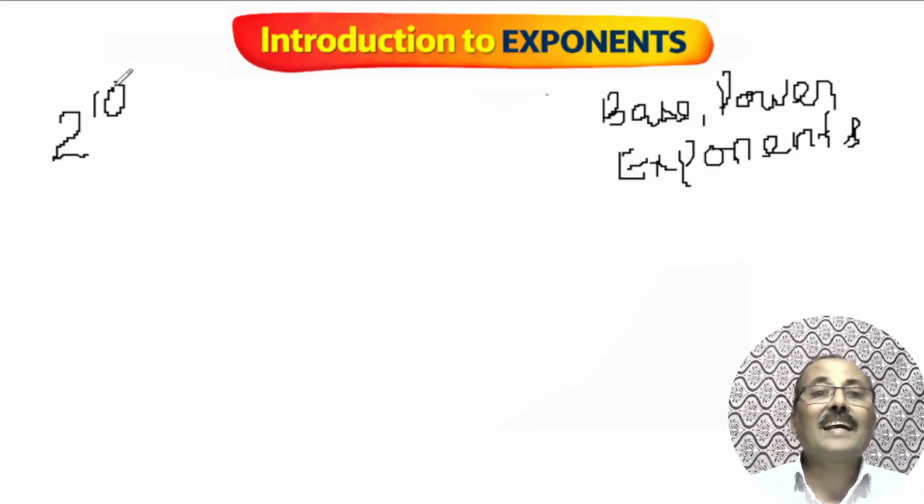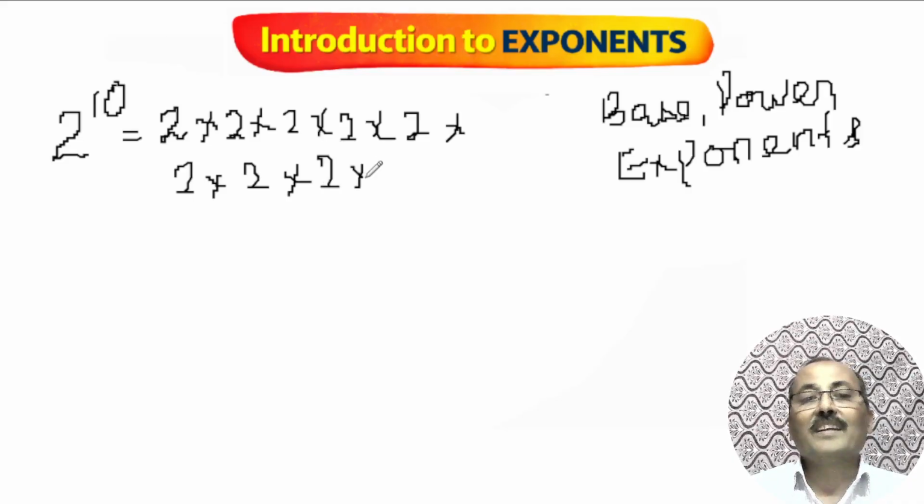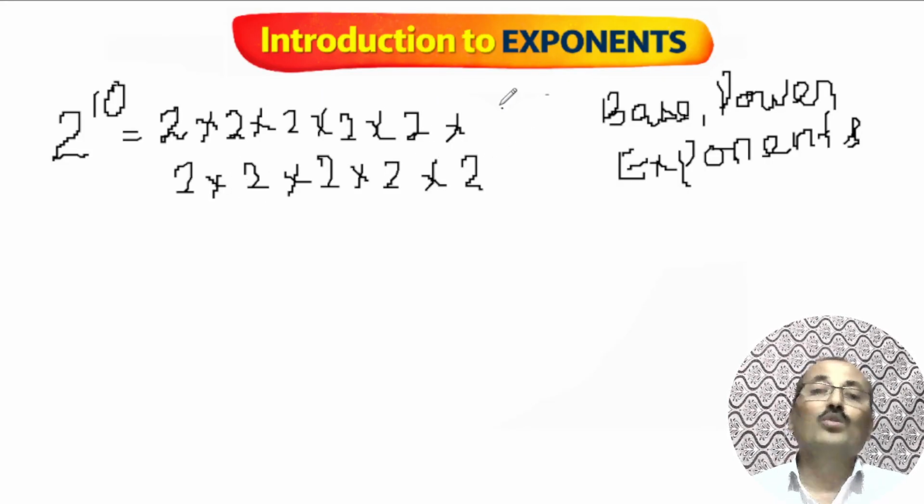I wrote the small number 2 to the power of 10. Now you have to write 2 ten times: 2 into 2 into 2 into 2 into 2, and again in the second row into 2 into 2 into 2. I hope it will be 10 times: 1, 2, 3, 4, 5, 6, 7, 8, 9, 10 2s are there.